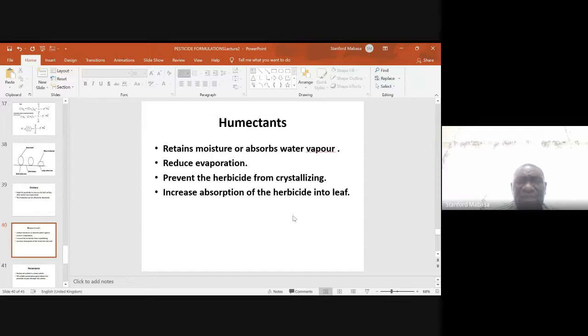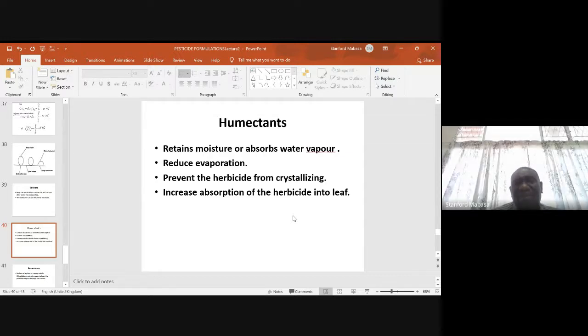So humectants retain moisture or absorb water vapor. It can reduce evaporation, and it can prevent the herbicide or pesticide from crystallizing, or forming a solid substance which cannot penetrate the target.